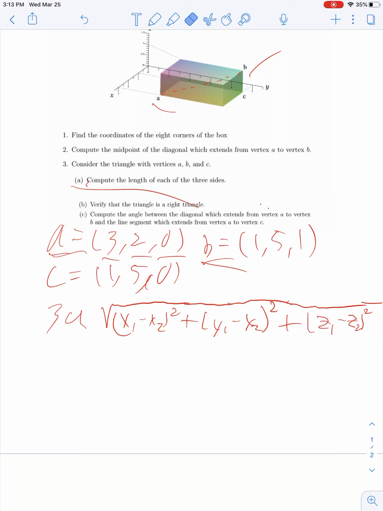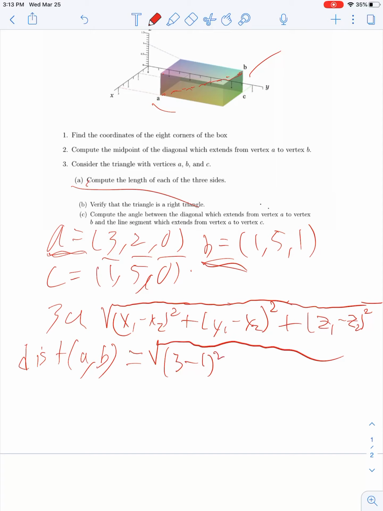And we're going to start off by trying to look at this guy right here, the distance between A and B. So AB. So that's just going to be equal to the square root of, we're going to plug in our 1 values and our 2 values are going to be A and B respectively.